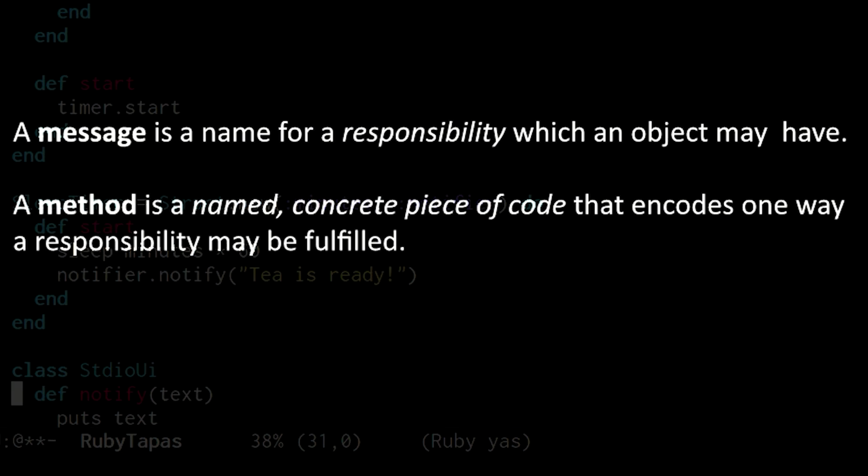You can look at messages as an extra layer of indirection on top of methods. When an object receives a message, it gets to decide how to respond to that message. How it responds to a message may change over the course of an object's lifetime. When code passes references to specific methods around, those references are in danger of going stale. It introduces a subtle temporal coupling between collaborating objects.